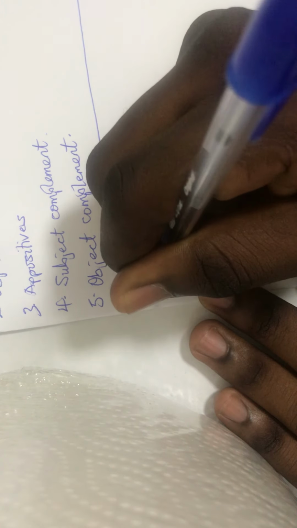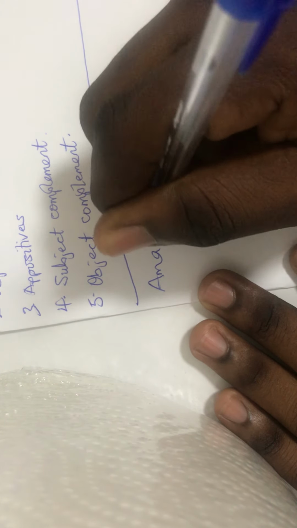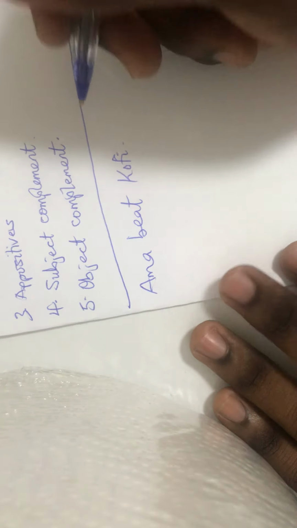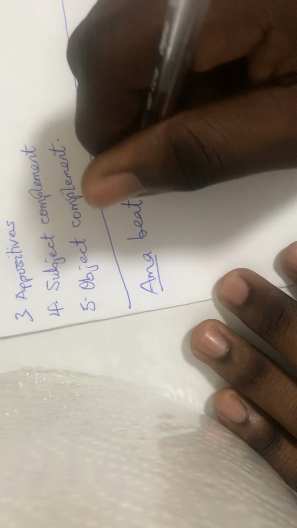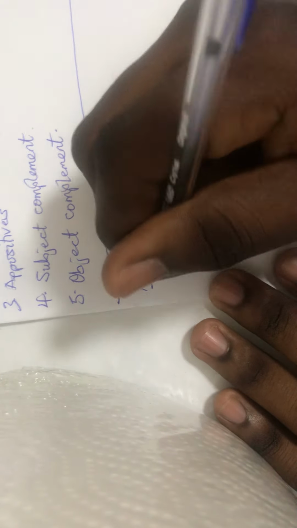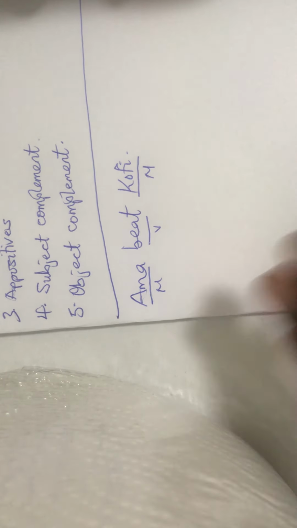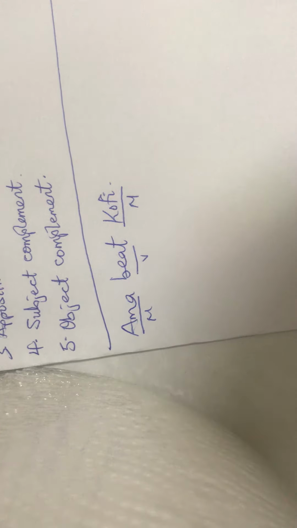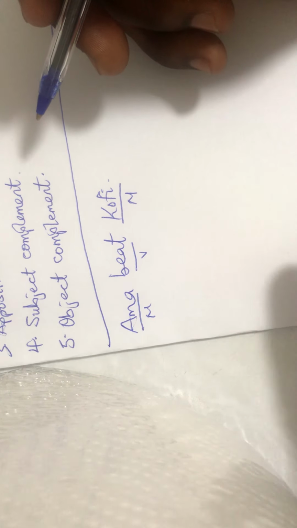So if we say Amma beat Kofi, here we can tell that Amma is a noun, Kofi is a noun, and this is the verb. So noun and noun, but then the grammatical function, they are not performing the same function.